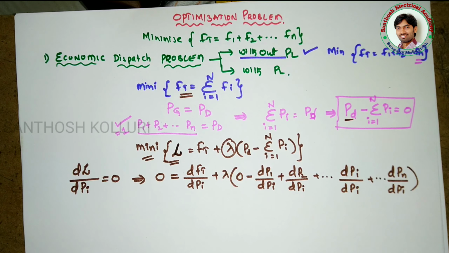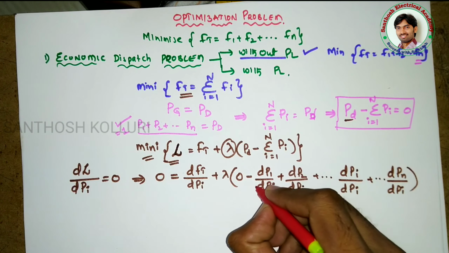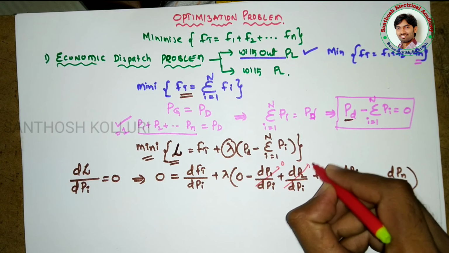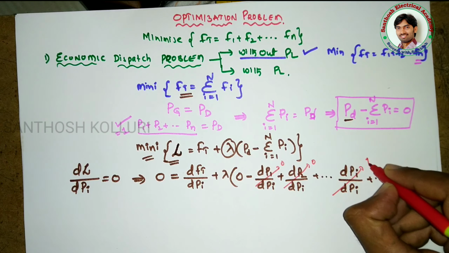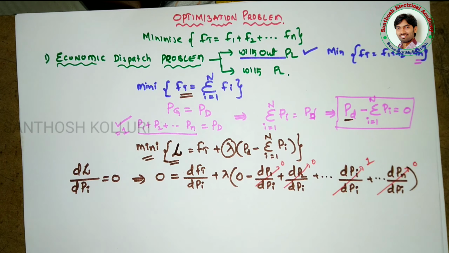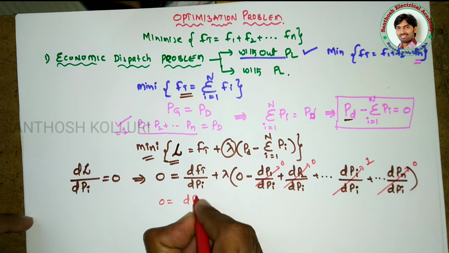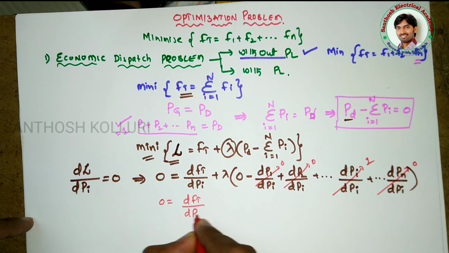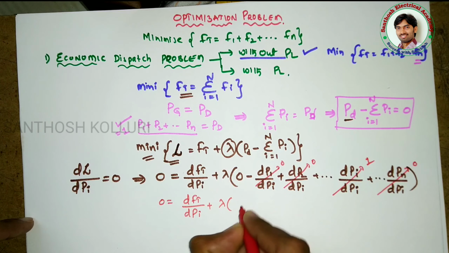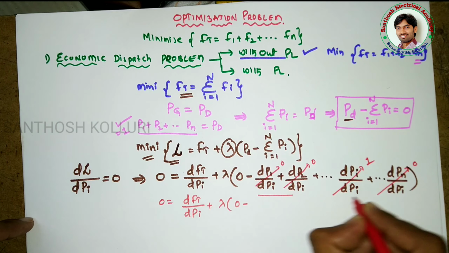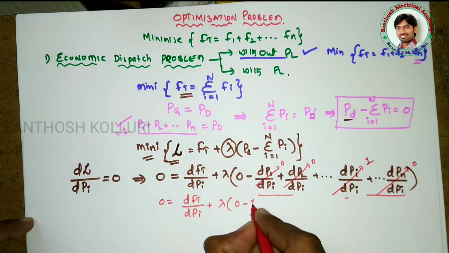I have expanded that equation. Now all of these become 0 except dPi by dPi, which becomes 1.